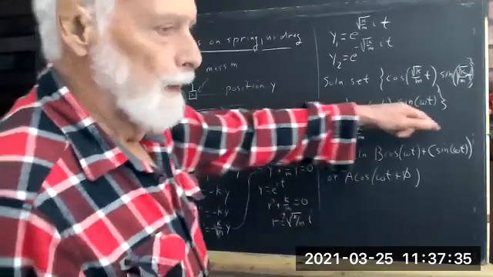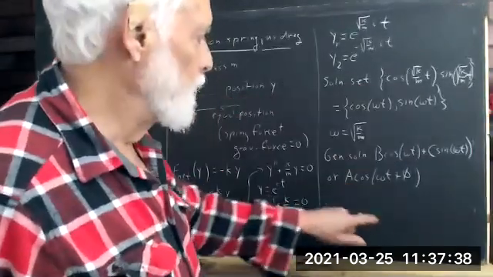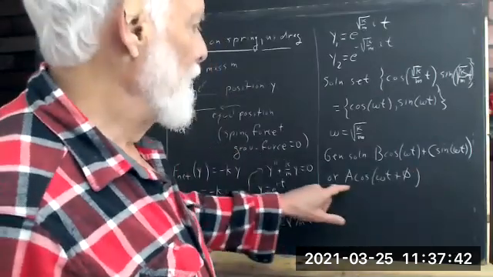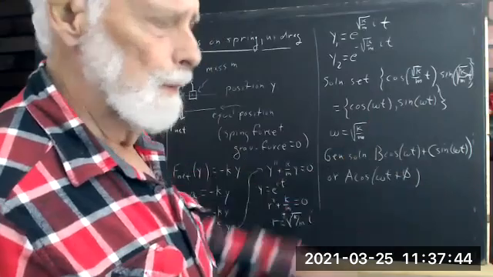Just using your trig identities, this could be put into this form where since B and C are arbitrary constants, A and phi become your arbitrary constants.